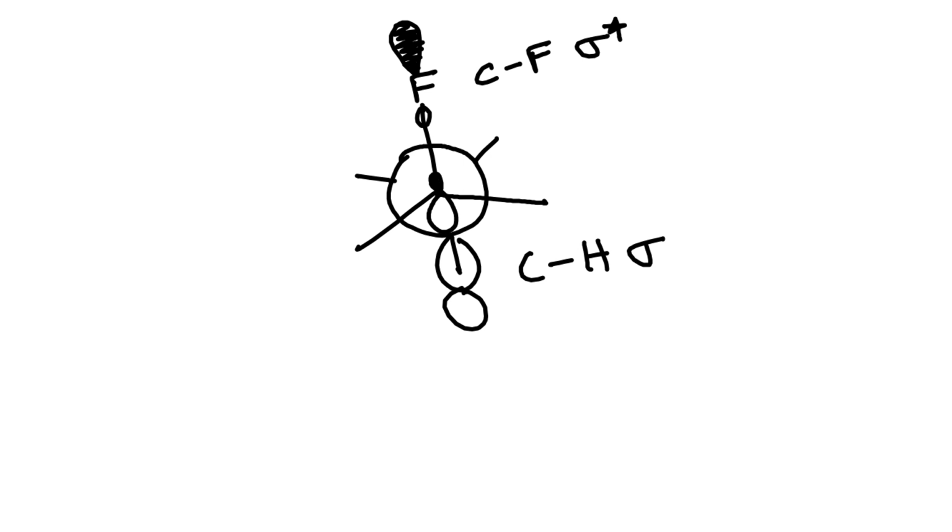This is the antibonding orbital, CF sigma star, and here we have CH sigma, which is a bonding orbital, right? Now this is filled with electrons, and this sigma star orbital is empty. So it can donate electrons into the sigma star orbital, right? So this is sigma to sigma star interaction.